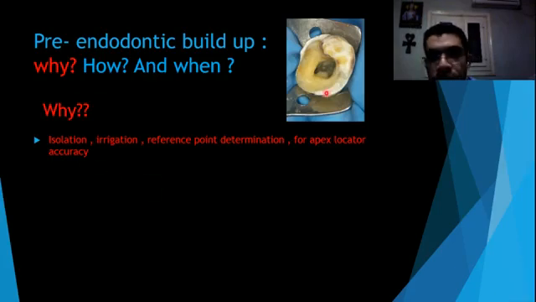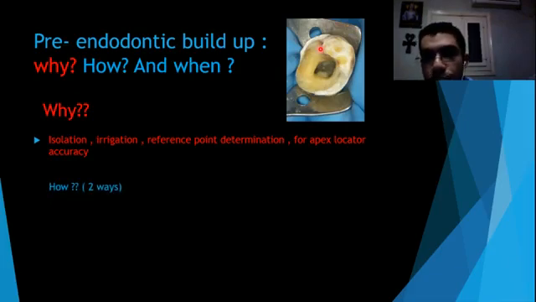If you are measuring your working length with an apex locator, with these missing walls and with a lot of leakage, of course, the reading of the apex locator will not be the best. You may have errors with the apex locator reading, so you have to build these missing walls in order to have a good isolation, good irrigation, and to be able also to activate your irrigation, and for reference point determination, and for apex locator accuracy.